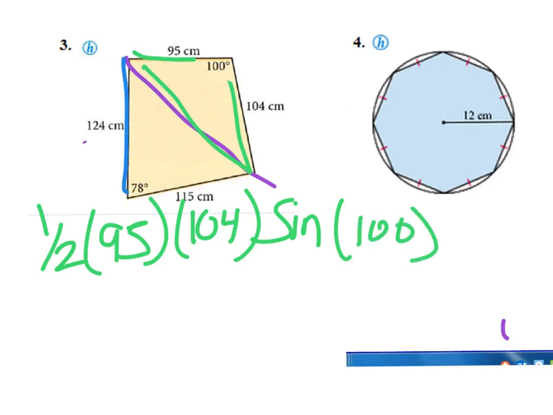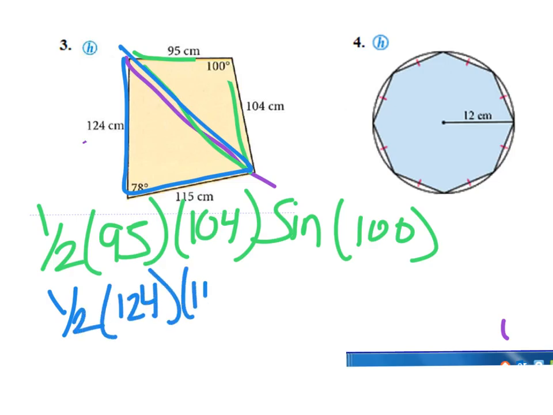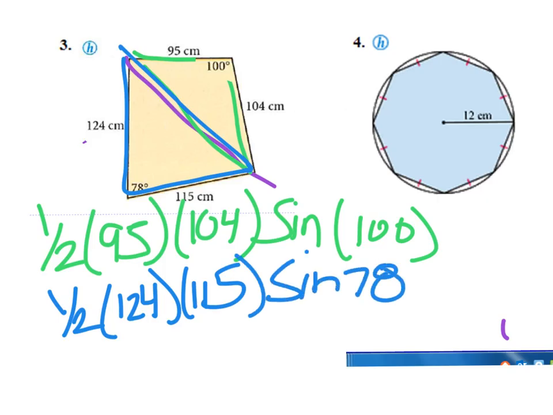This triangle is also 1/2 the 2 side lengths multiplied by the sine of the angle between. Find the answers and then add them together. Do not round your answer until you have found both areas. So your very last step should be rounding, not before.